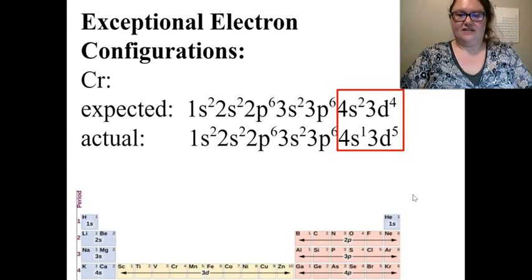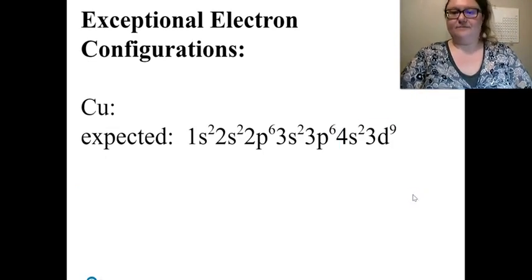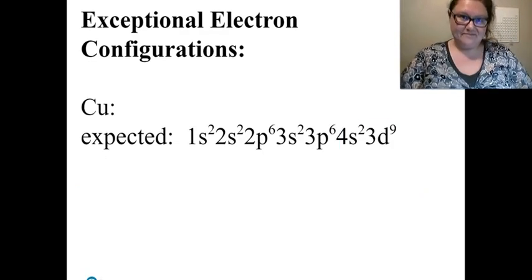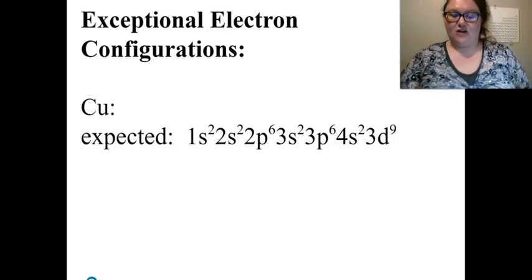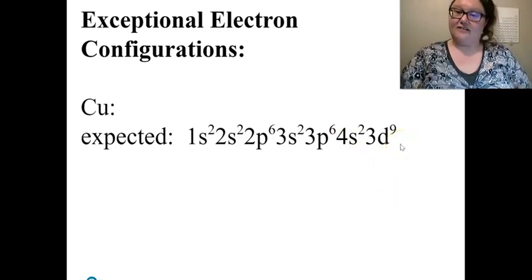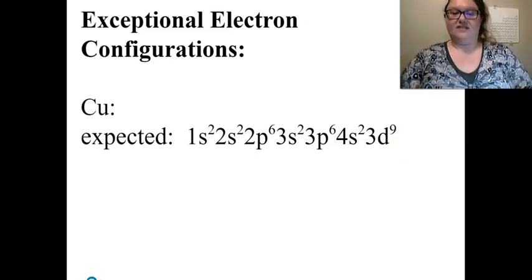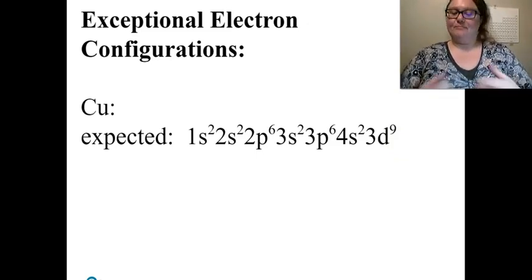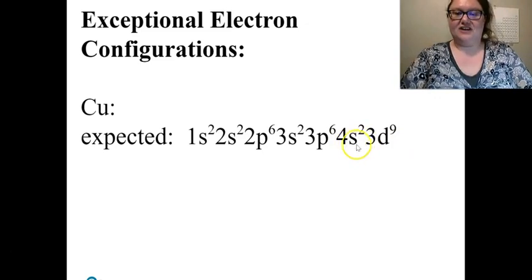Another example that does this is copper. So find copper. It's also a transition metal. And what do we have here? You're going to expect, based on where it is, that you're on 3d9, right? 3d10 would be zinc, but you're one before that, so that's 3d9. But we have a similar situation here, right? The 4s and the 3d.